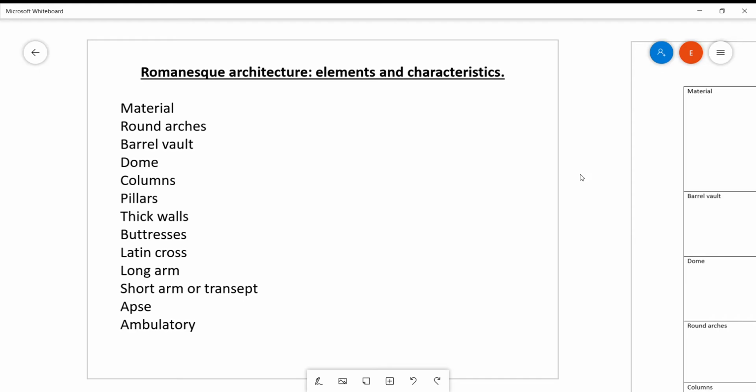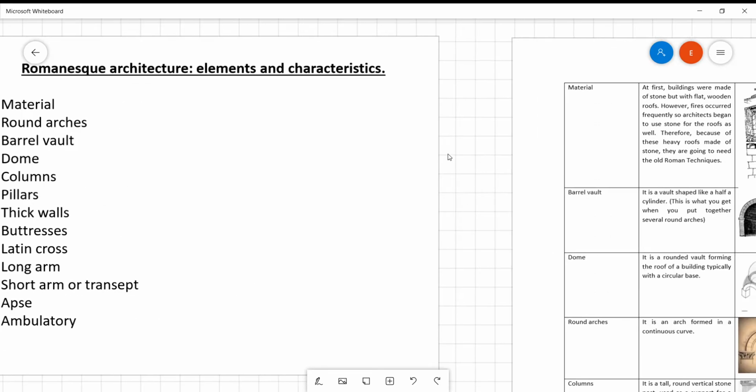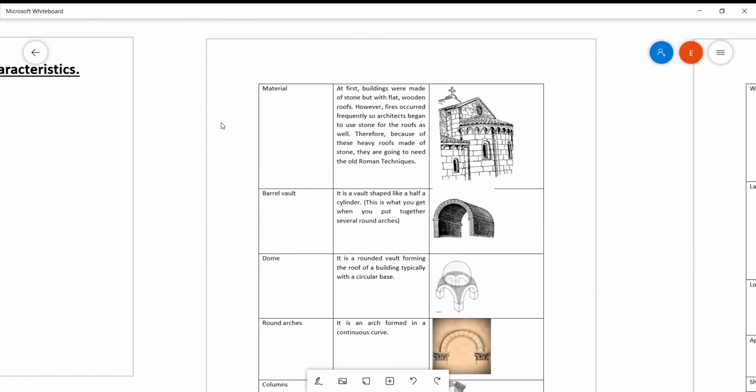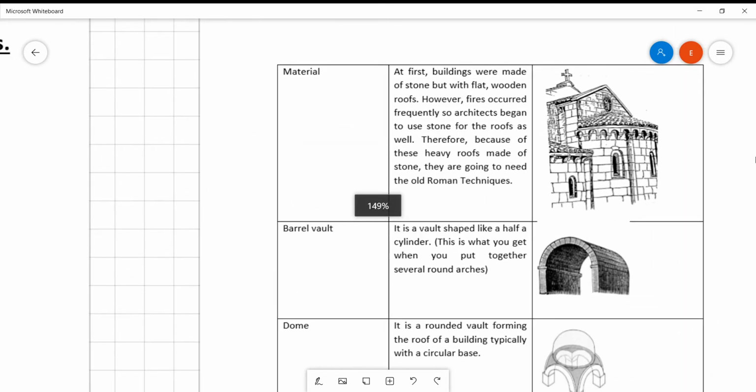Okay, so this is basically what you have to do. These are the different elements and characteristics of Romanesque art. We can see the definitions here with the drawings.